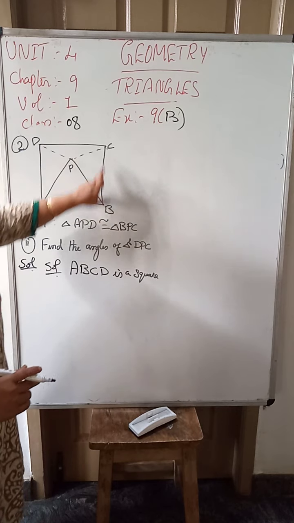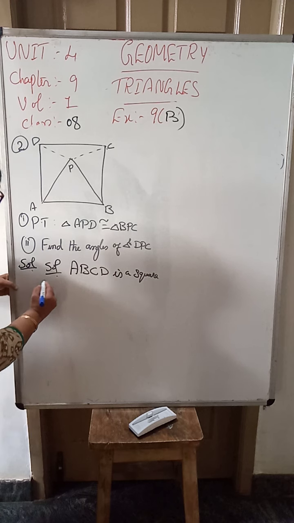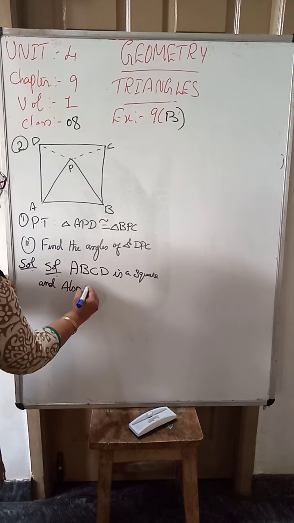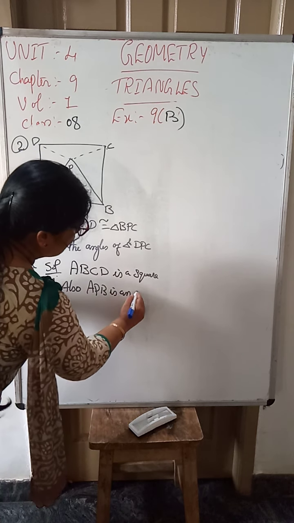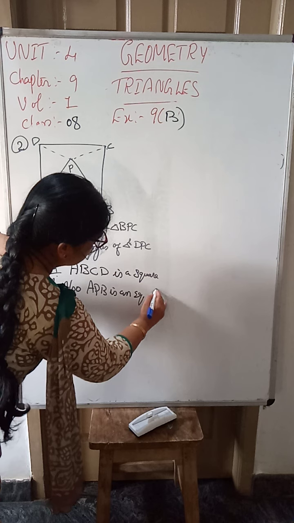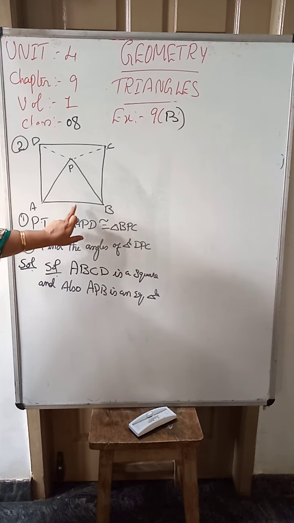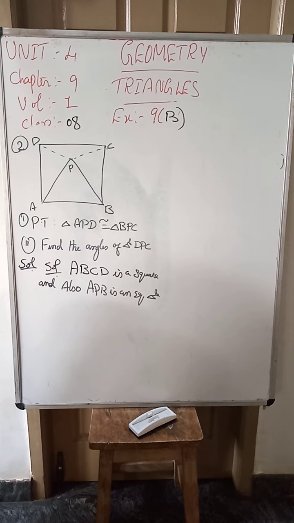AB is equal to BC is equal to CD is equal to AD. And also APB is an equilateral triangle. Because APB is an equilateral triangle, AB is equal to PB is equal to AP.